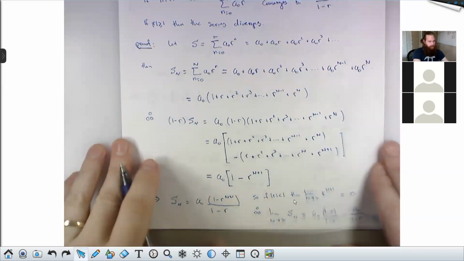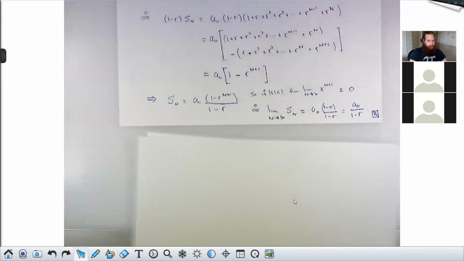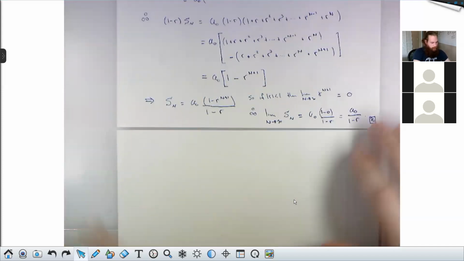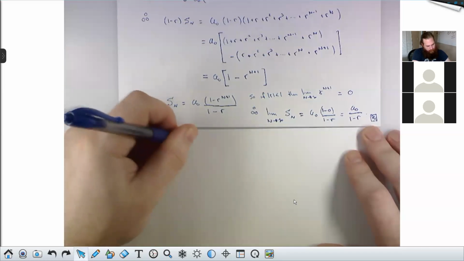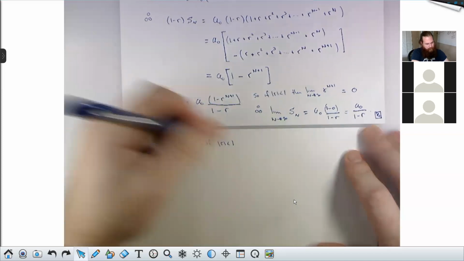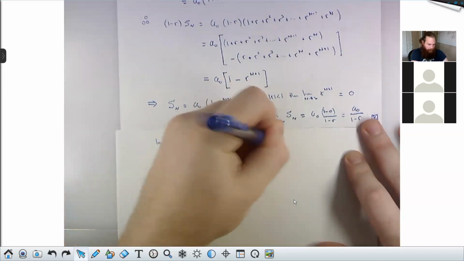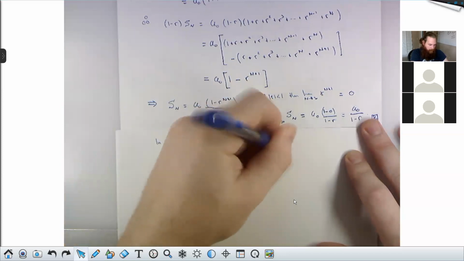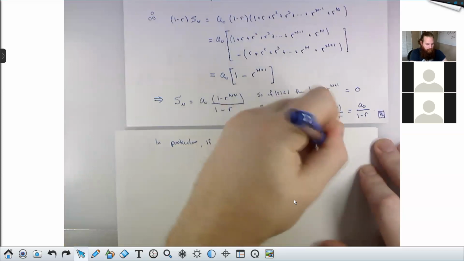I'll just leave it like that. So you could say, in particular, if the absolute value of r is less than 1, then the limit as n goes to infinity of Sn is finite.